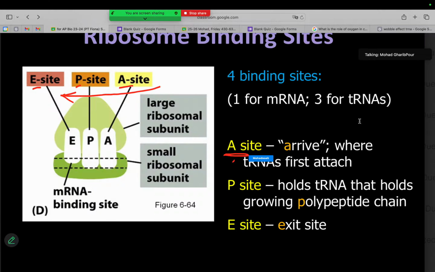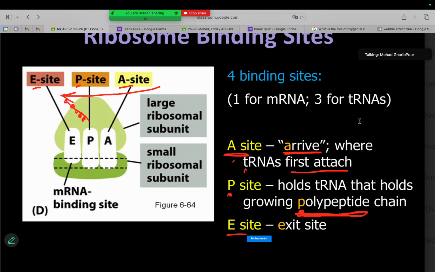The A site is the arrival, where the tRNA first attaches. P site is, think of the P for the polypeptide chain. This is where you're growing your polypeptide. You're going to see your polypeptide growing out of here.